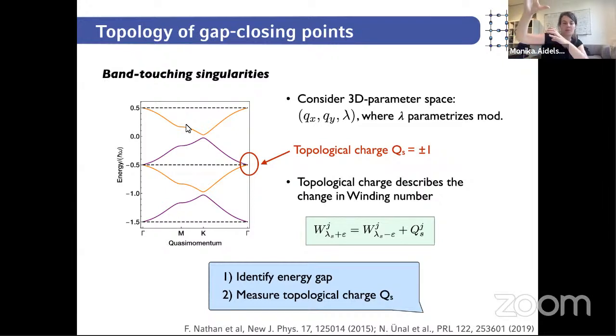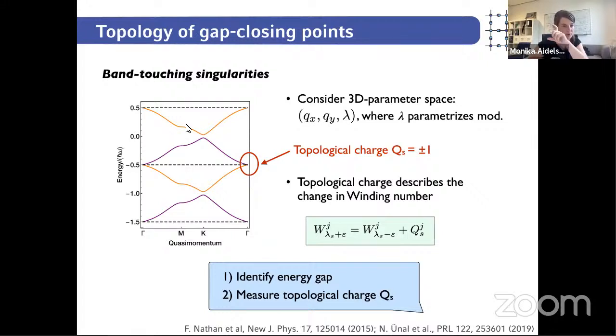So then we move the copies closer together. And at some point when the frequency of the modulation equals the bandwidth, so it's roughly on the order of J, you get this resonant coupling between the lowest and first excited band. And this is exactly how you get this gap closing point between Floquet zones.